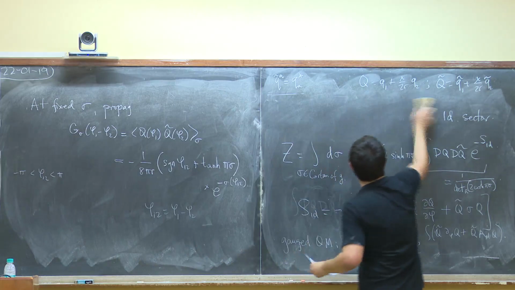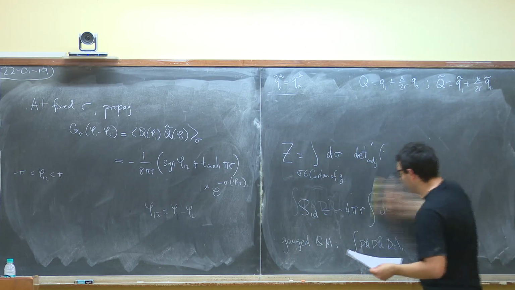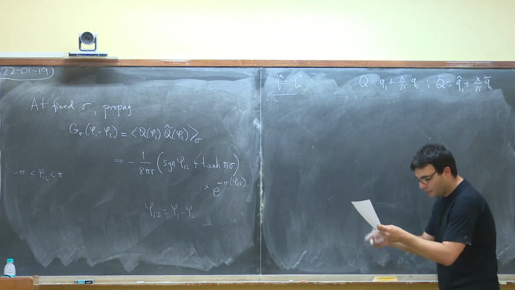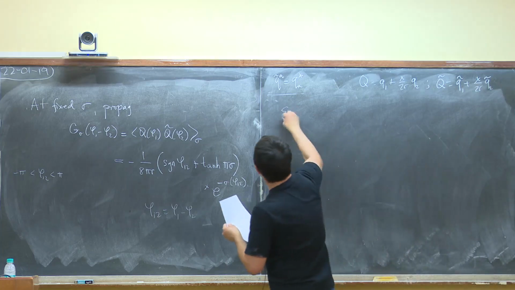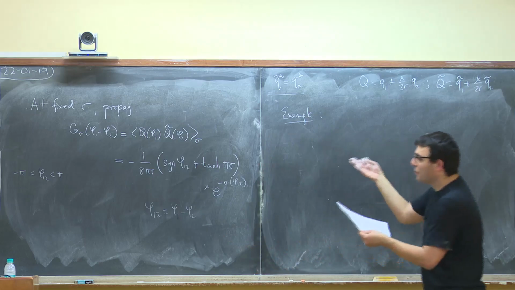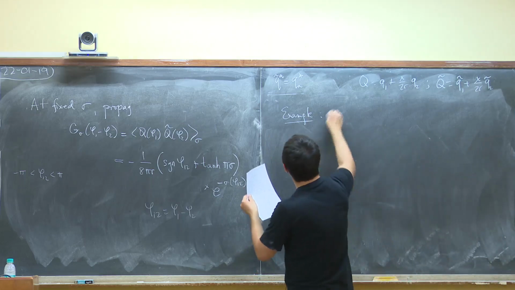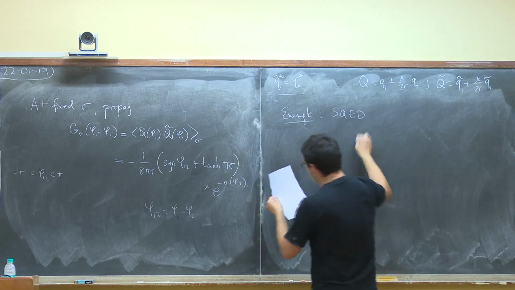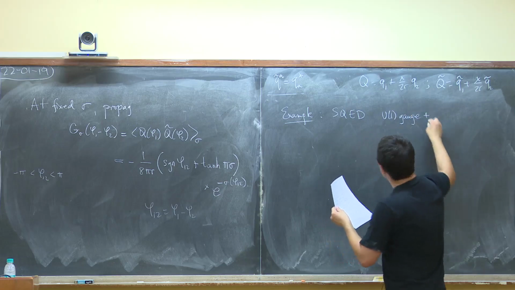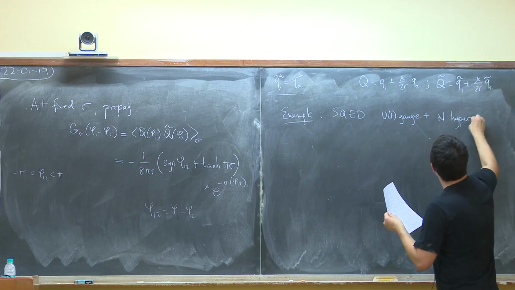Okay. Good. So, a brief example. That's essentially what I wanted to show you, this formalism. Just a small example: super QED, so U(1) gauge theory plus n hypers of charge 1.